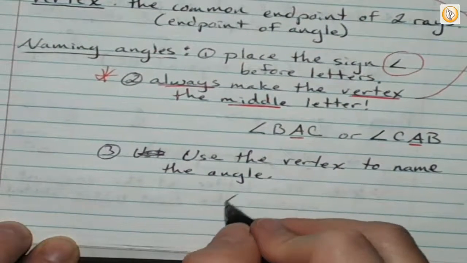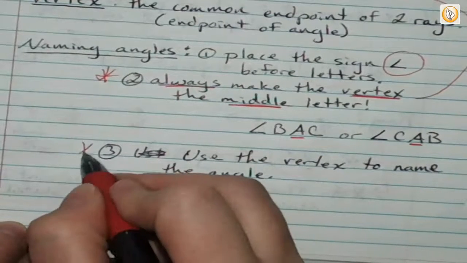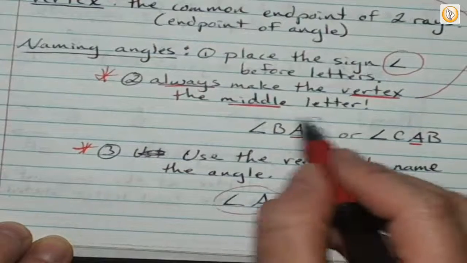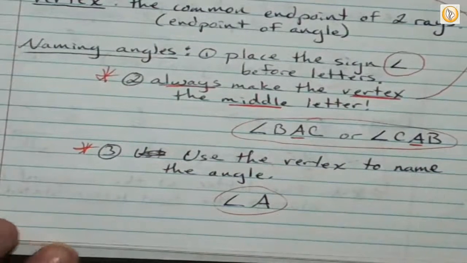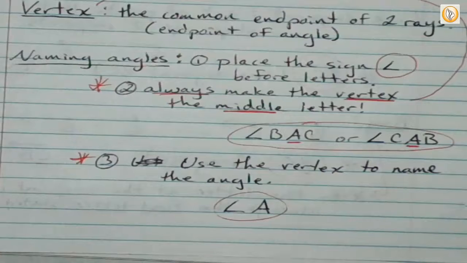For example, angle A. Now, I'll let y'all catch up. If you have a ton of angles, now listen carefully because I'm not writing this down, I'm using my words.